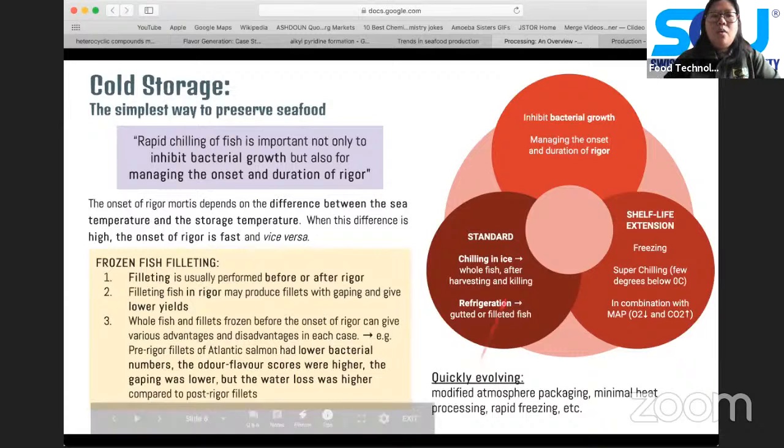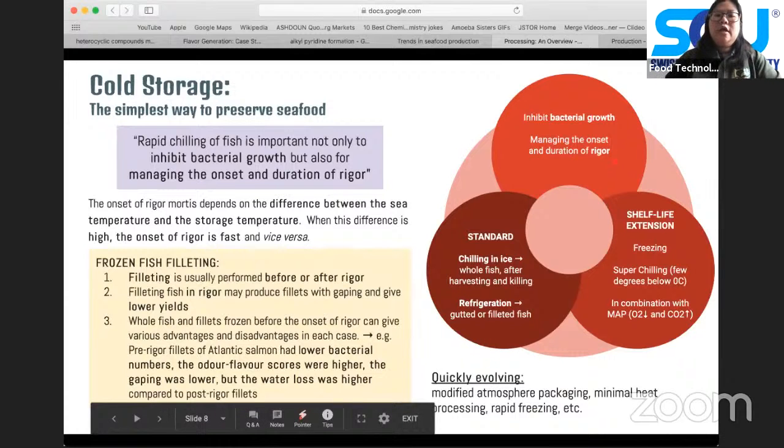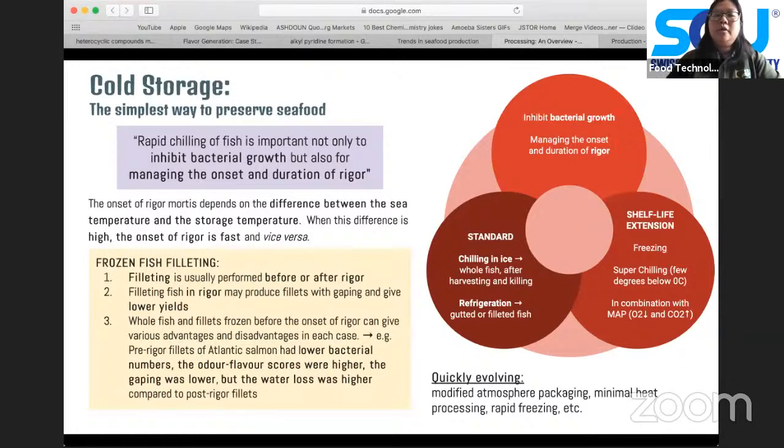Now in cold storage, the key point is to inhibit bacterial growth and to manage the onset and duration of rigor. The standard procedure for cold storage is chilling in ice. It is usually applied for the whole fish, especially after harvesting and killing, and then also refrigeration.